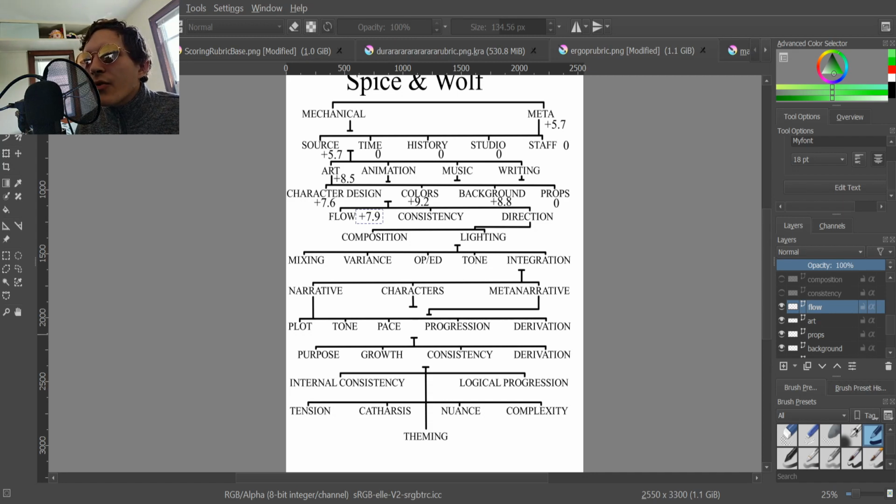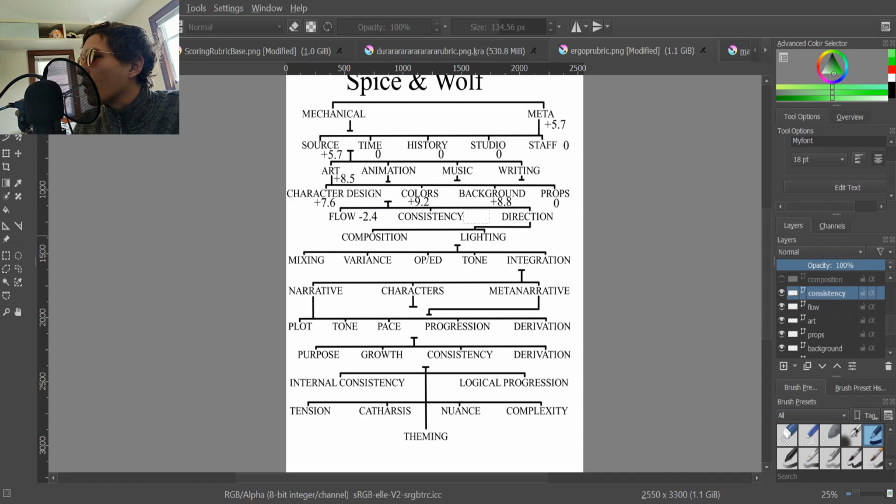It's actually a very difficult thing to judge. I would actually venture to say that the flow of the animation in Spice and Wolf is trending into the negatives. It's not really that great. So we're going to give it a low negative score. I'm going to say a negative 2.4. A 2.4 is appropriate for the animation flow for Spice and Wolf.